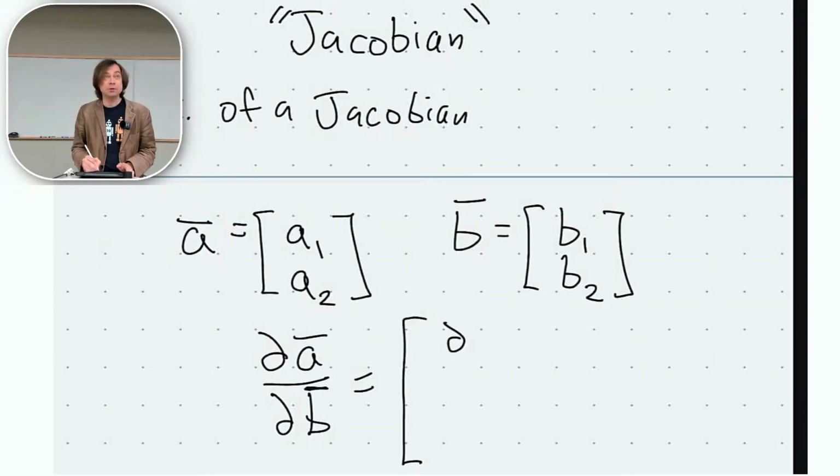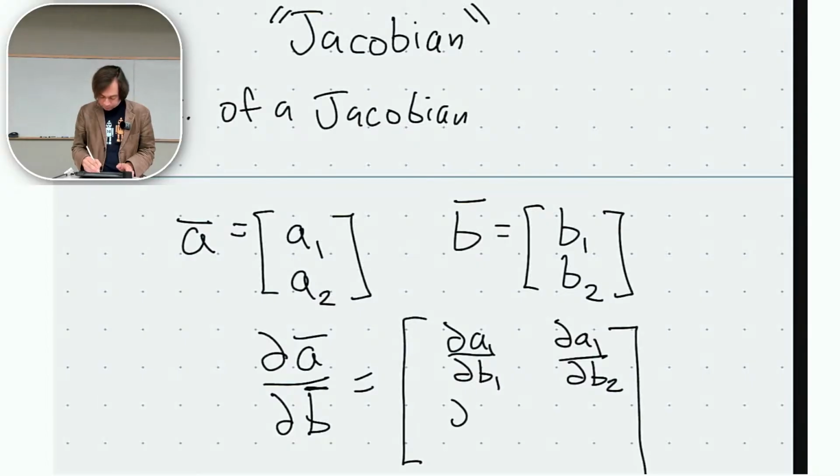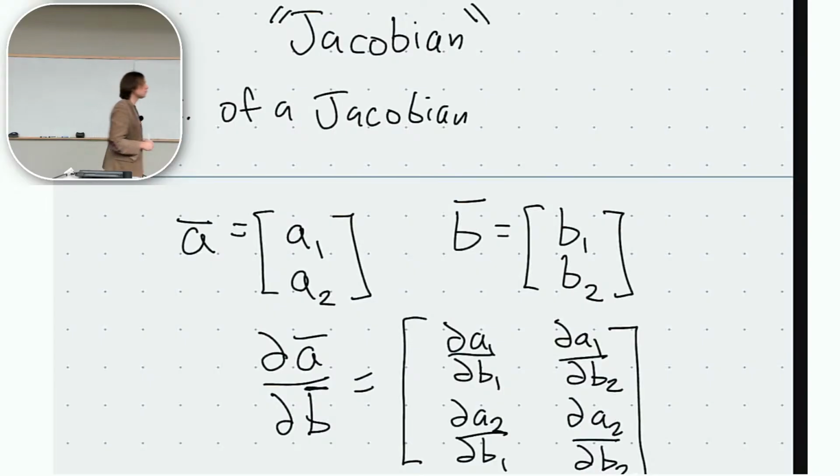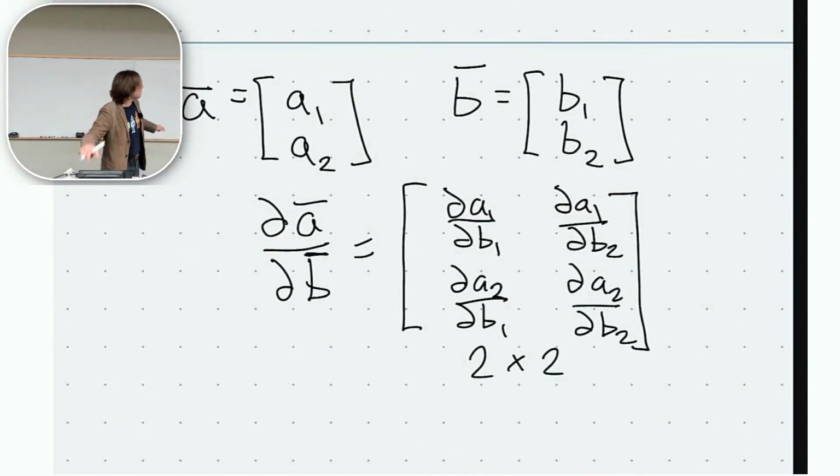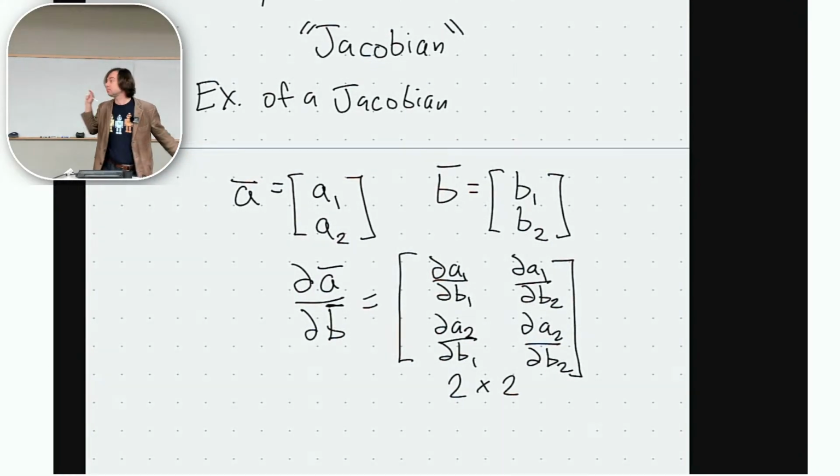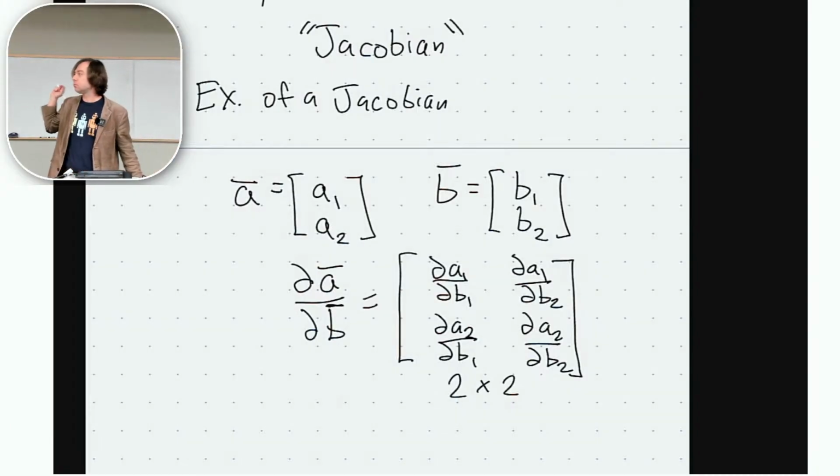It'll be a 2 by 2 matrix: partial A1, partial B1; partial A1, partial B2; partial A2, partial B1; and partial A2, partial B2. See that? That's your example of a Jacobian. Looking good? Okay, Nick?